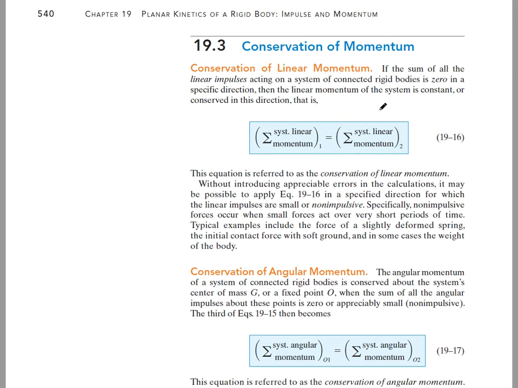So for linear momentum of a system of particles, if the system is isolated, that is, there are just internal linear impulses which are in pairs but opposing, so they don't have a net effect, then the system linear momentum at instant 1 equals the system linear momentum at instant 2, and these are the vector sums of the linear momenta at time 1 and time 2.